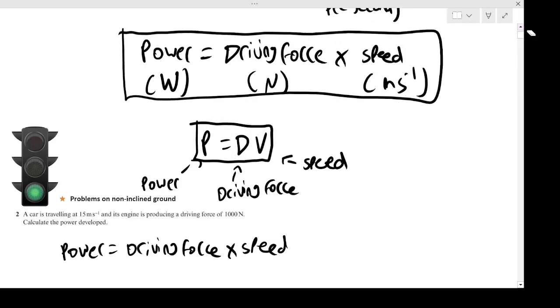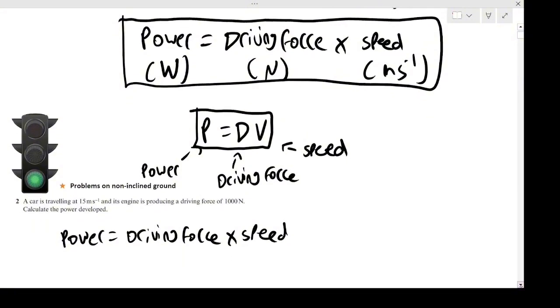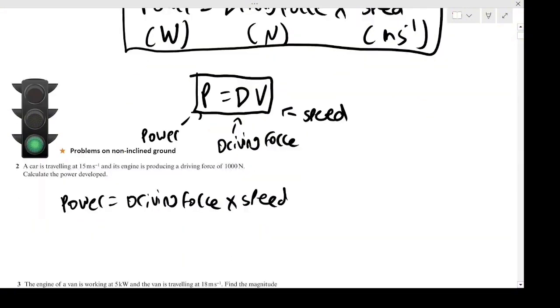So it's just simple use of the formula. My driving force is 1,000 and my speed is 15. Multiply them to get the power of 15,000 watts.